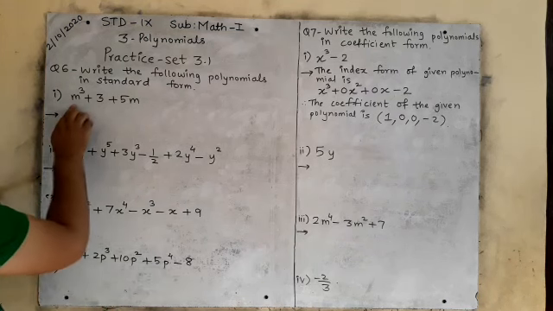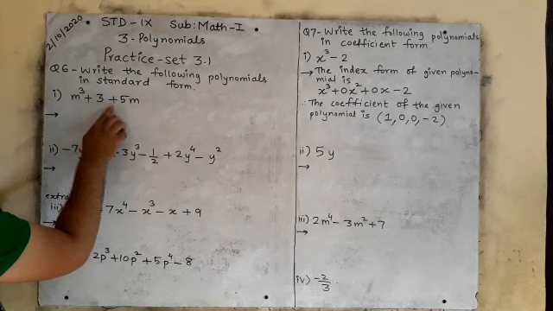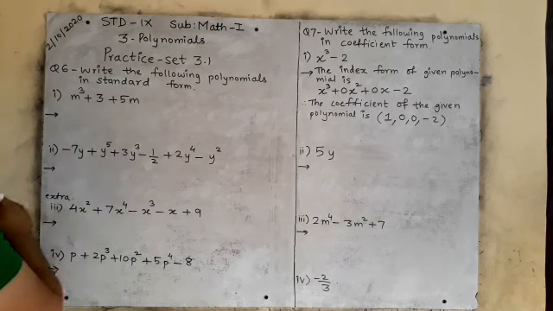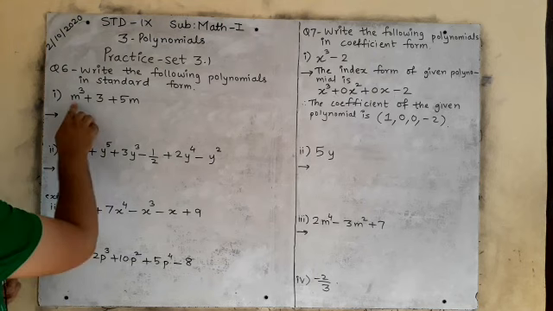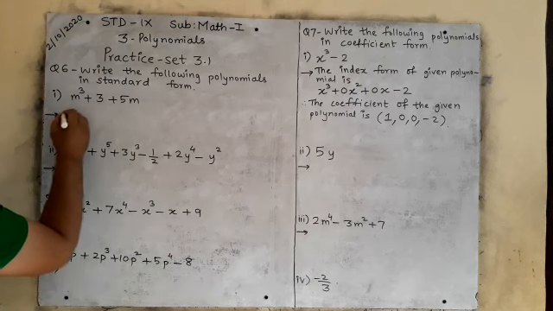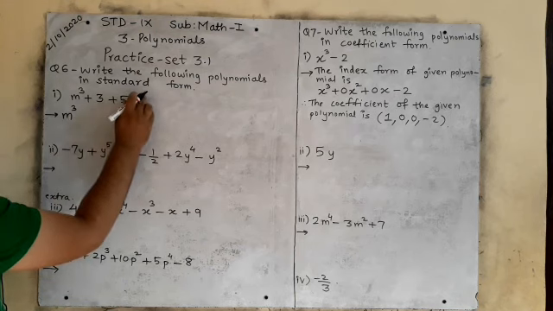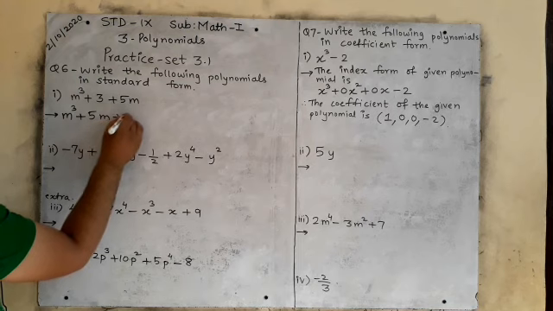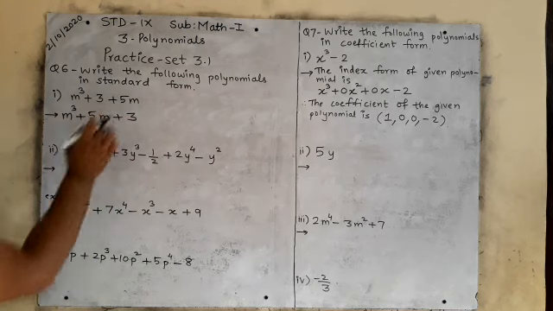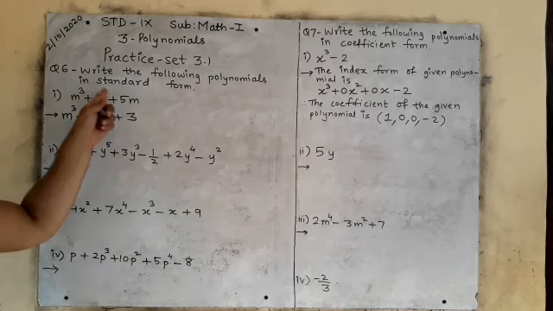Now see, m raised to cube plus 3 plus 5 m raised to 1. So first, the biggest power of m is here m raised to cube. So you will write m raised to cube, then after this m raised to 1, so you will write plus 5m plus 3. So this given polynomial we have arranged in standard form.